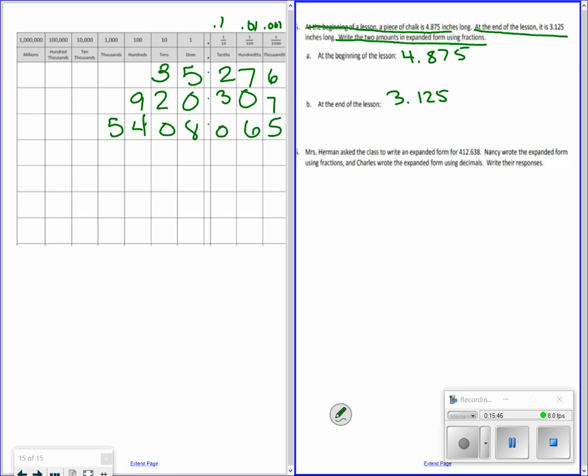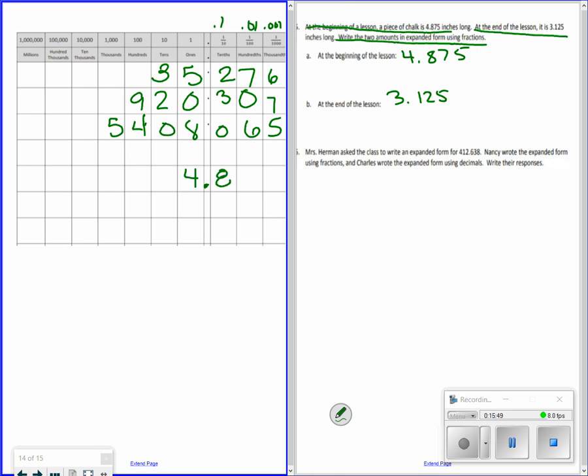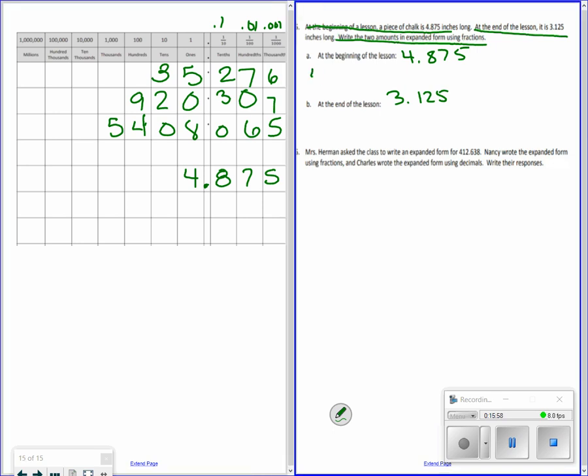So with the fractions: 4 times 1 plus 8 times 1/10 plus 7 times 1/100 plus 5 times 1/1000.